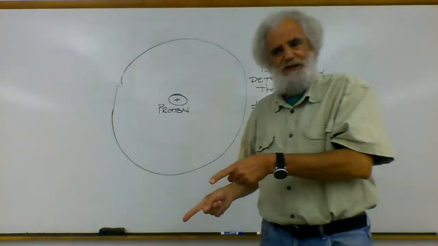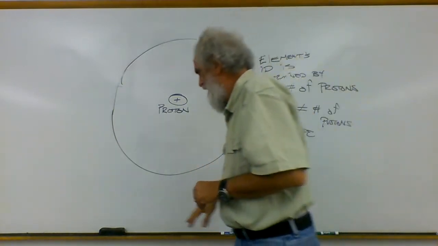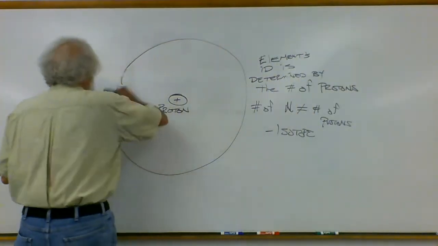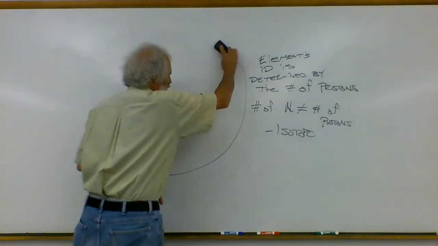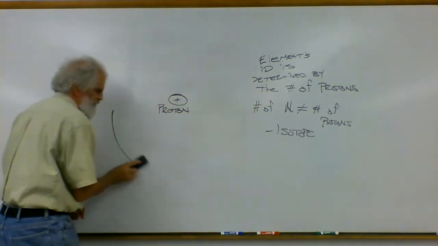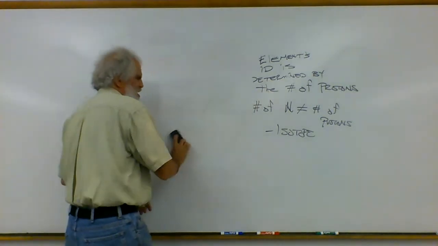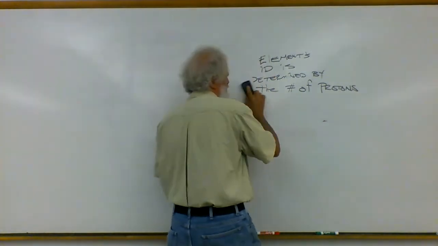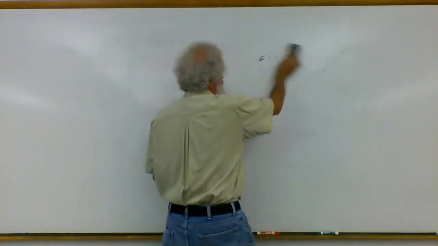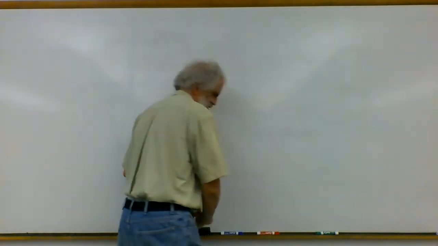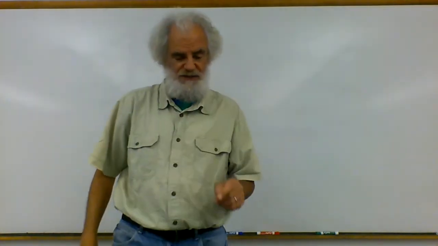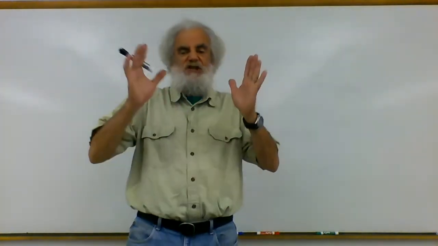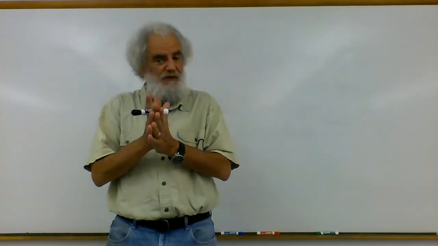Now, that's the atomic nucleus. Our next topic, though, is going to be atomic bonds. Now, we're not talking atomic bombs. We're talking atomic bonds. And these are the way atoms can stick together.